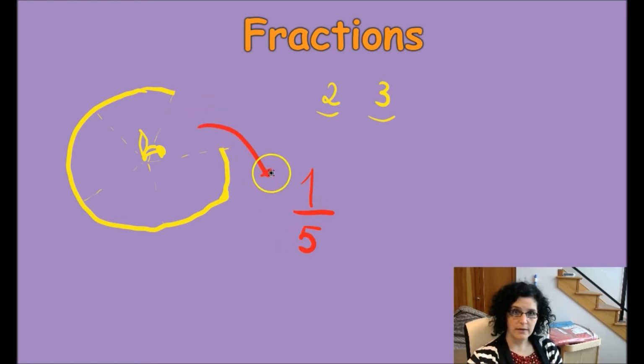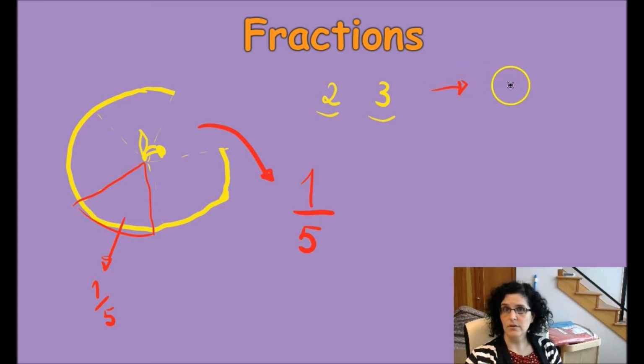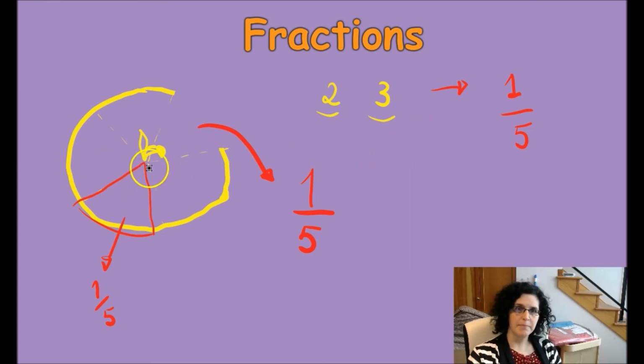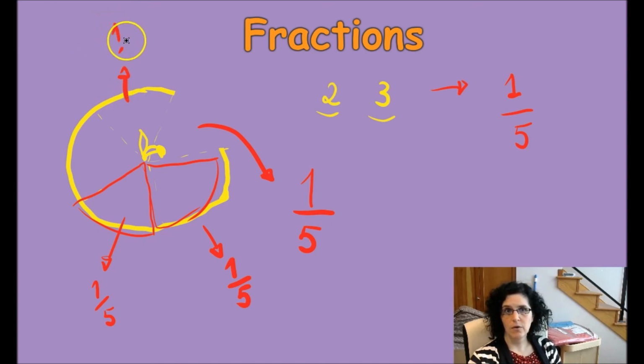So this part here is 1 over 5. This part here is also 1 over 5. The same way, each one of these boys and girls in that example was 1 over 5. So if I have every single piece written down in number form, every one of them will be equal.